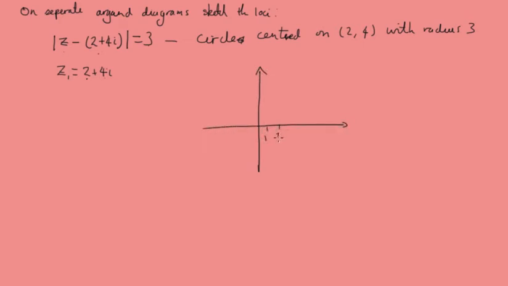So 1, 2, 3, 4. I'm not going to do all the coordinates. Oh, it's not minus at all, is it? 1, 2, 3, 4. So it's 2, 4. So it's up here. Radius 3. Something like that. That's meant to be r equals 3. It looks dodgy. And that's what that would be, because equal to, so it's this solid line. Draw them a bit more carefully when you're drawing them yourself.